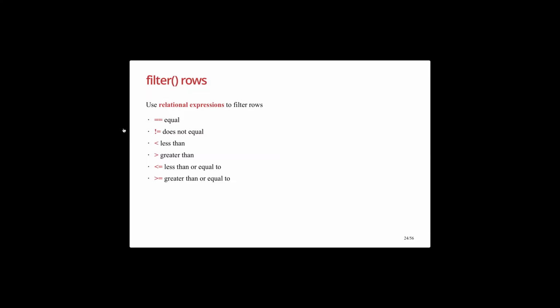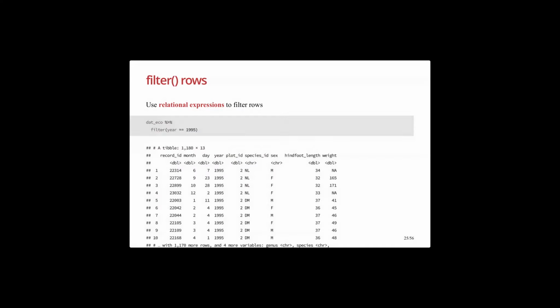But I'll show you what I mean in terms of actually filtering these rows here. So how filter works is you say, here's my data. Now I want you to return me every row that meets this criteria that I've put in here. So give me every row where the variable year contains a value that is exactly equal to, because I've used equal to, and this means equal to.